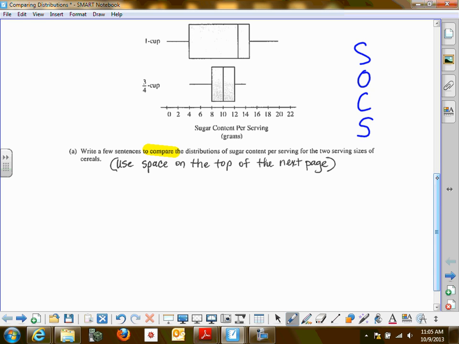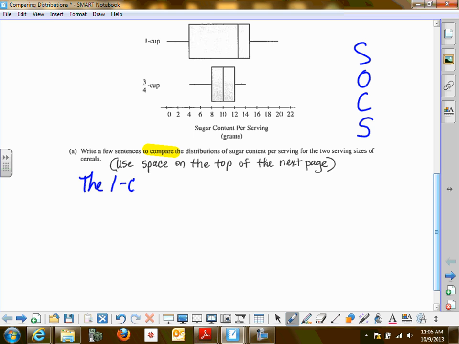So what could you say about comparing the shape of these 2? The 1 cup data is more skewed left than the 3/4 cup data, and the 3/4 cup data is more symmetric than that. So let's do that.